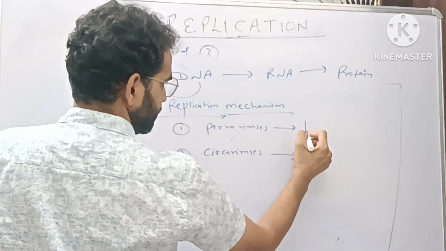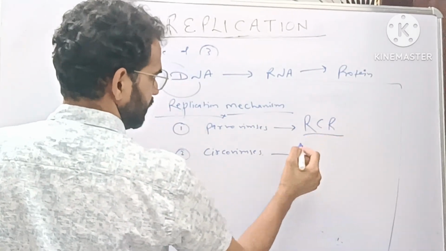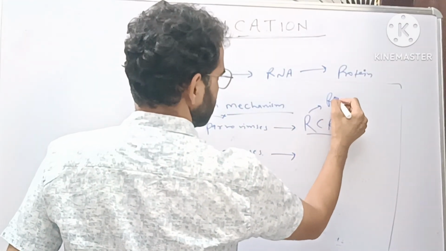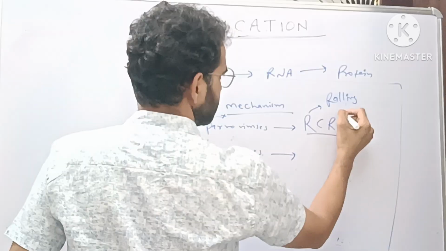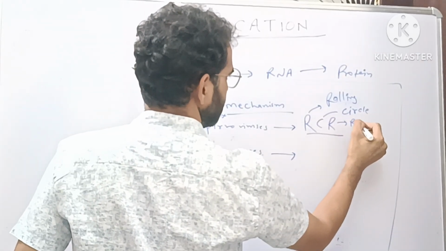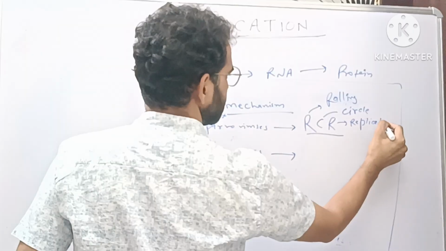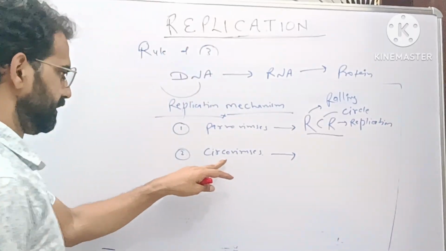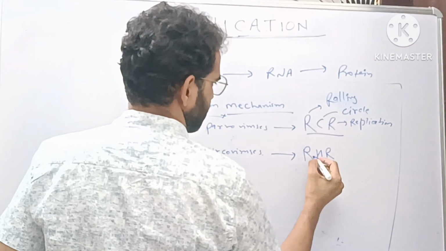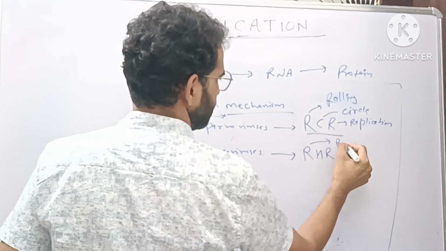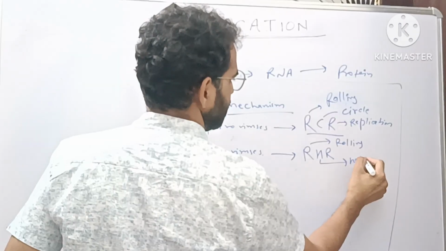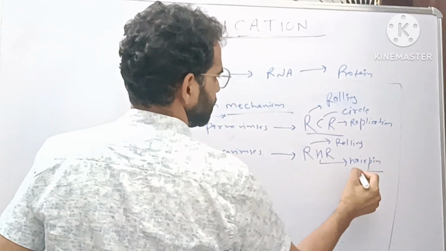So for parvovirus, the mechanism is known as rolling circle replication, RCR. Similarly, for circoviruses, the mechanism is RHR, that is rolling hairpin replication.